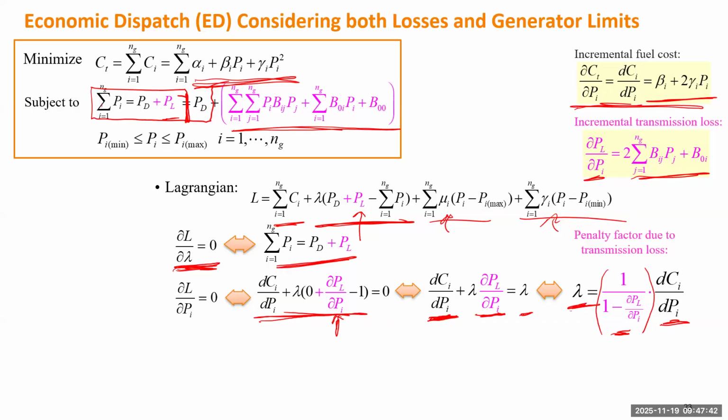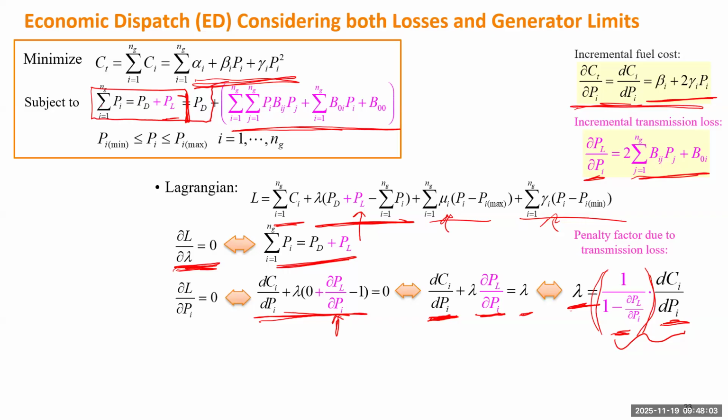We can treat this entire thing as the incremental cost seen by this unit at this position. But if we look at that cost from different points of the network, such costs are different. Why are they different? Because they need to consider how the transmission loss can influence that cost.